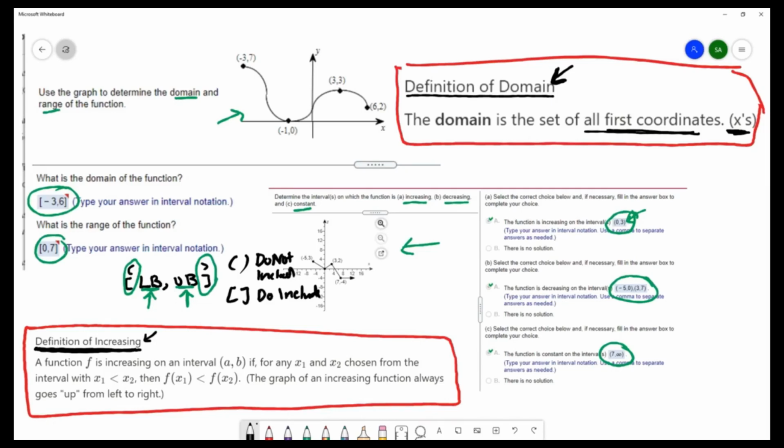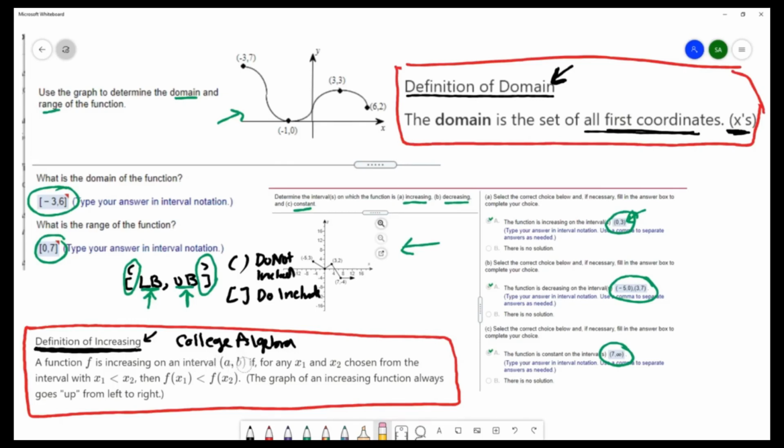So the definition that I'm using right now is from my college algebra class. And this is the definition that's given. A function f is increasing on the interval a to b.